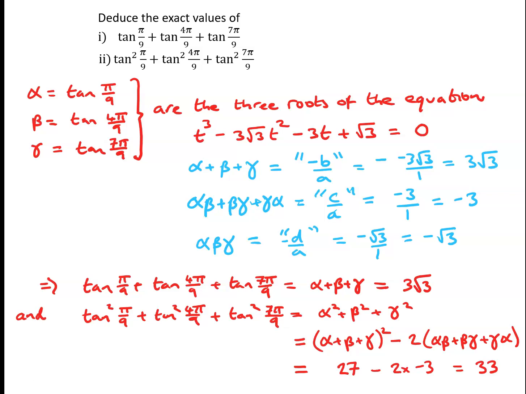So that is 3 root 3 squared, which is 27, take away 2 times minus 3, which is take away minus 6. So we've got 27 minus minus 6, which gives us 33.